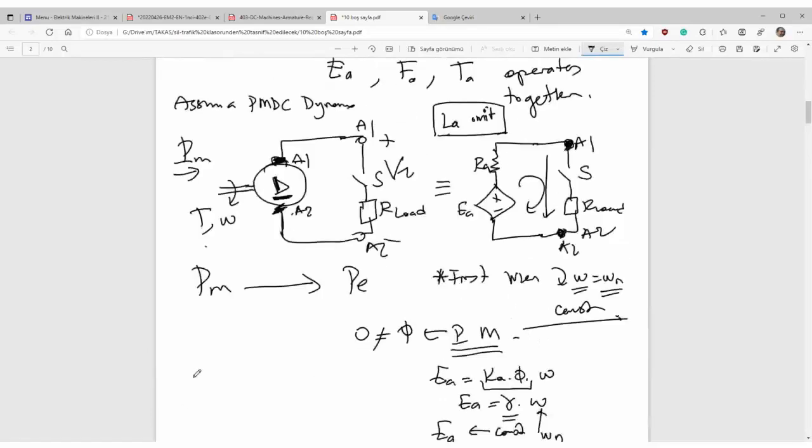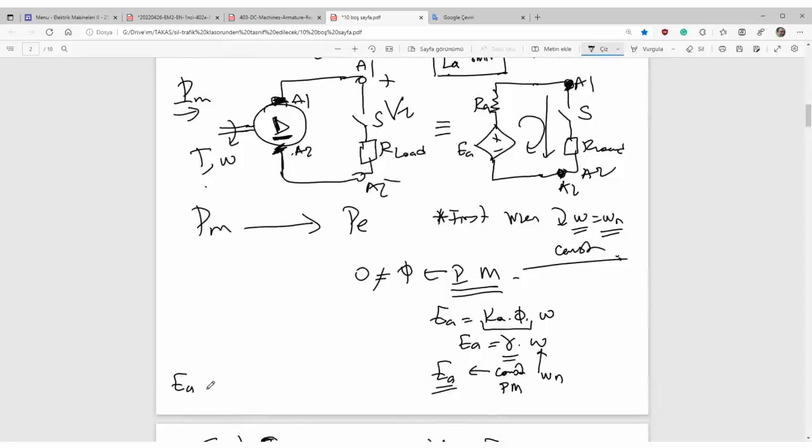Induced electromotive force inside the armature will be equal to current times Ra plus terminal voltage. That is the generator's equation. Induced EMF is equal to the voltage across this element plus the voltage across terminals, the summation of the voltages all around the loop.